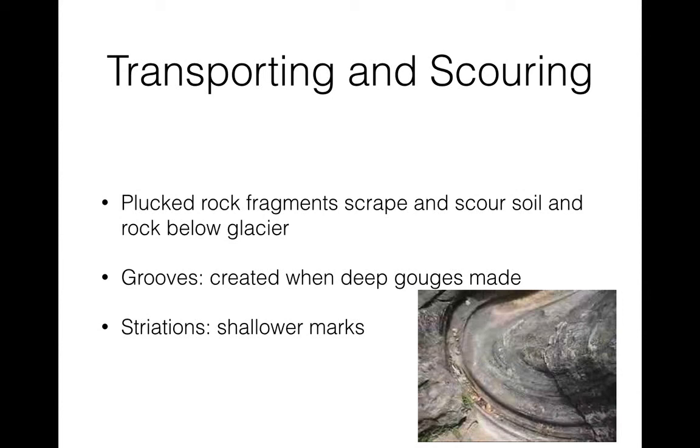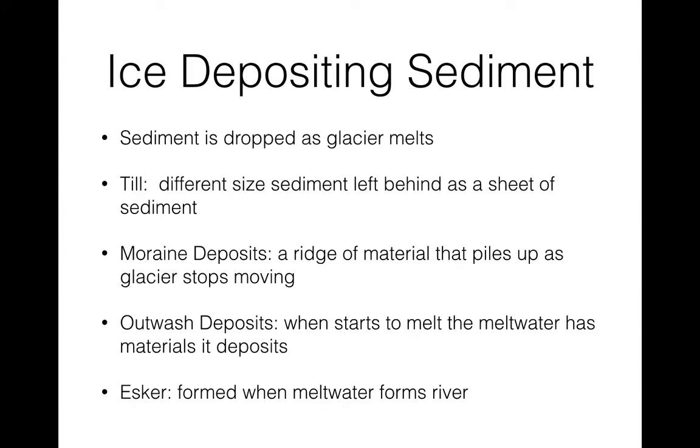The deep gouges are called grooves, and the shallower marks are called striations. In this area of the country, because we've had glaciers here, we can find lots of these grooves and striations along the lake shore. We have beautiful examples of them at Kelly's Island, but you can also find these things right here in Ohio, right along the Great Lakes.